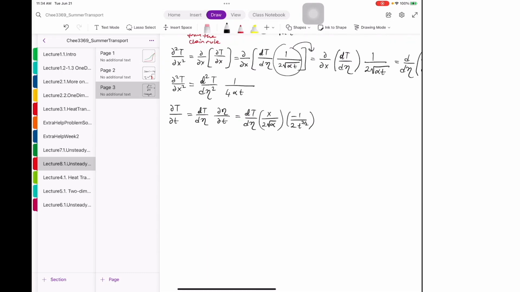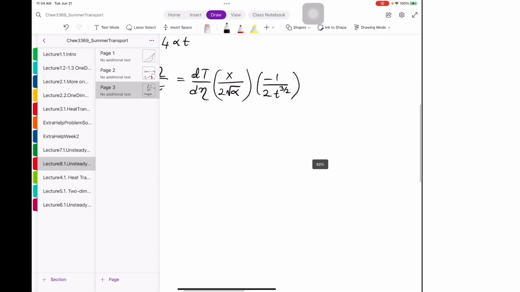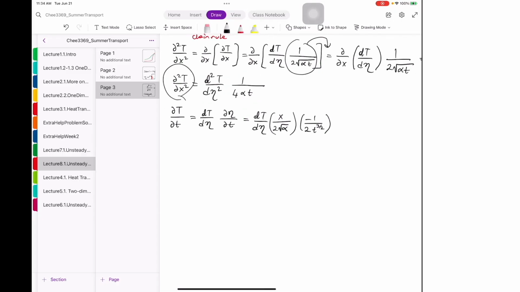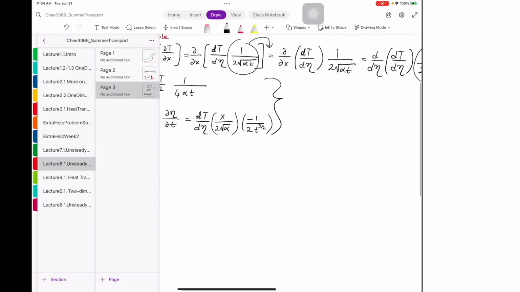Okay, and then from here, okay, yeah. So let's actually place these two terms in our original equation, inserting these into our original partial differential equation.